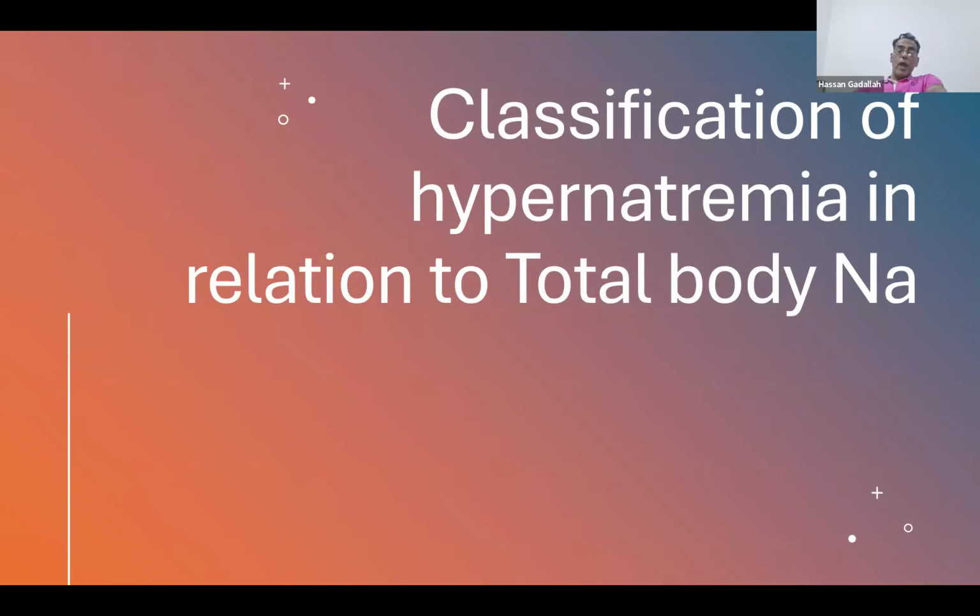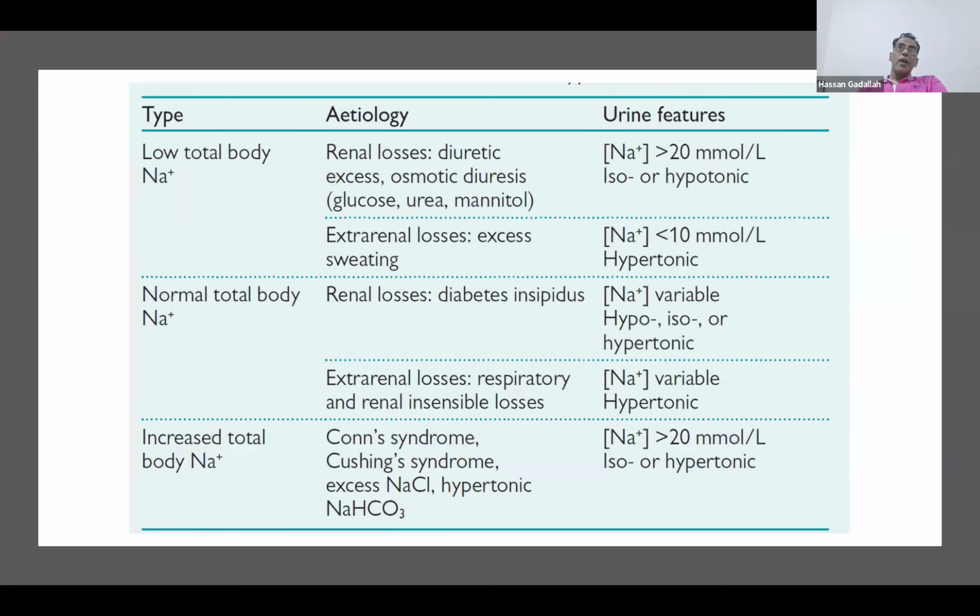Now, we'll talk again about hypernatremia. It's a disturbed relation between the total body sodium and total body water, but usually, in most cases, there is a net water deficit.